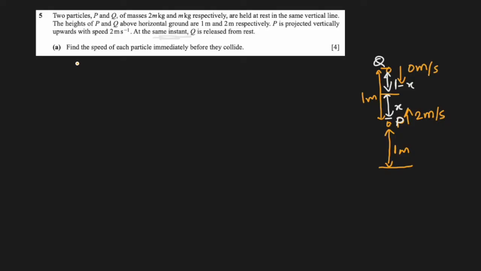Let's use the relationship s equals ut plus half at squared, because the time taken by P to reach this point and Q to reach this point is exactly the same. So for P first on this side, and for Q on this side.